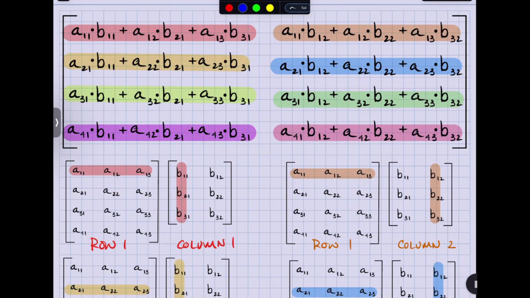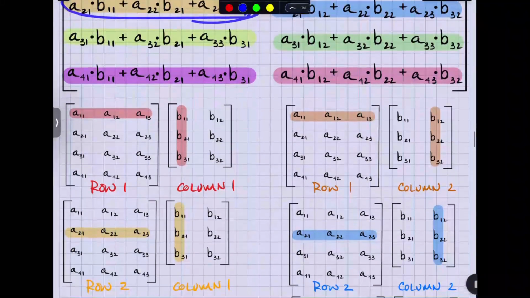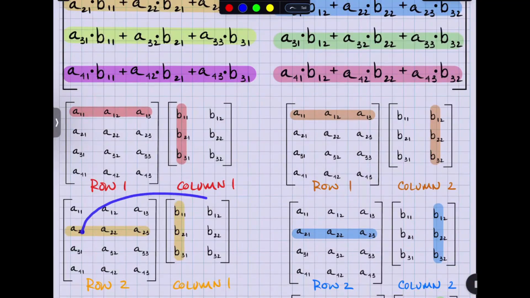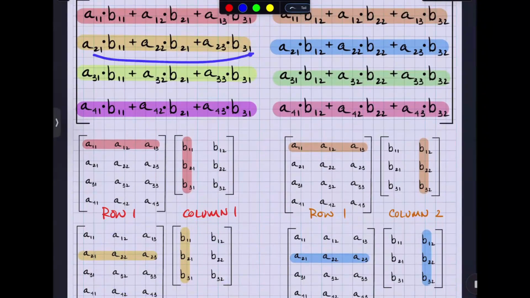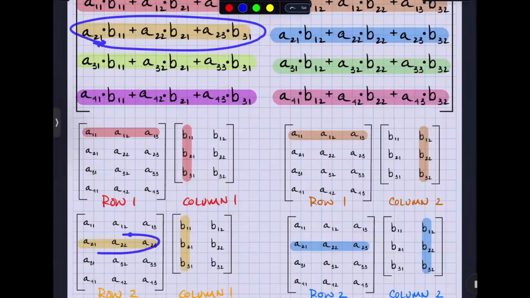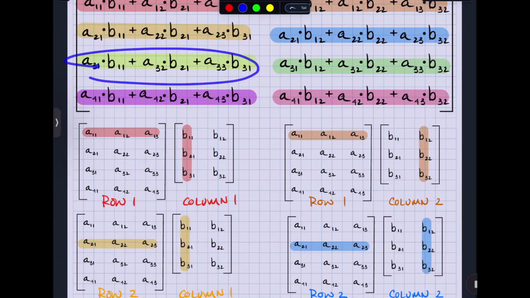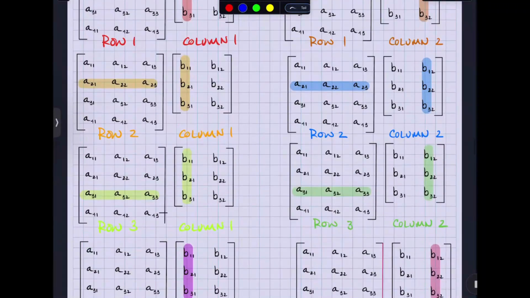Make sense? So to get this one, this is what, like orangey yellow? Well, that corresponds with this orangey yellow. Okay? Because this right here would be A21, so row 2, column 1. A31, row 3, column 1.